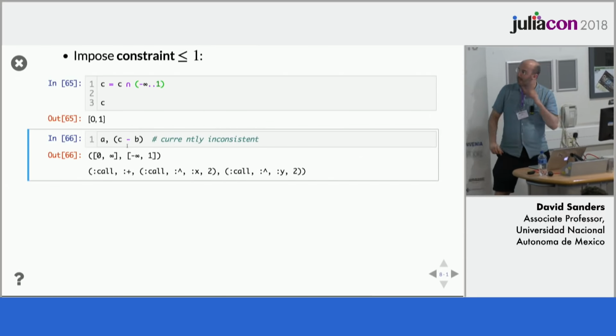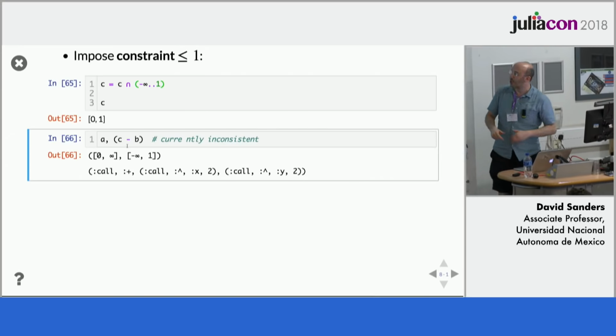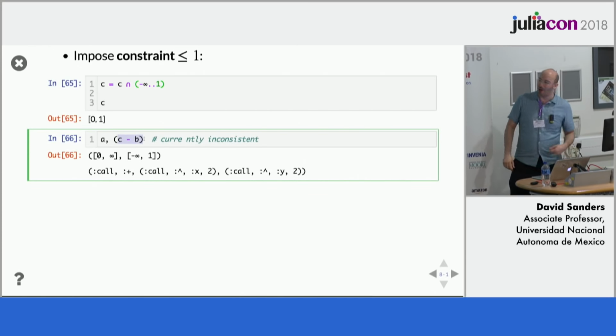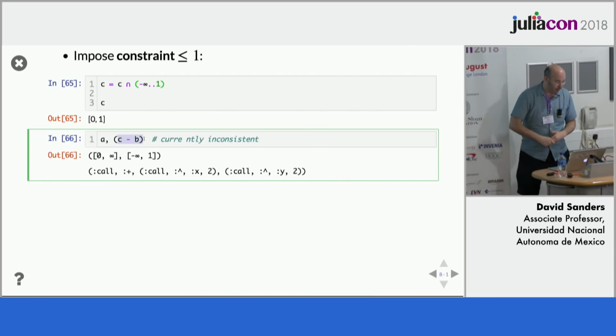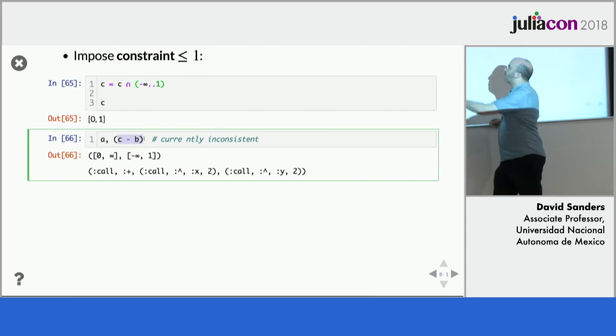And then the thing is that, okay, now a is equal to c minus b. But the current value of a and the current value of c minus b are not consistent. So basically, a is too big. There are regions of a which are not contained in c minus b, and vice versa. So I'm going to propagate the constraint information down the tree to a by doing a equals a intersect c minus b.